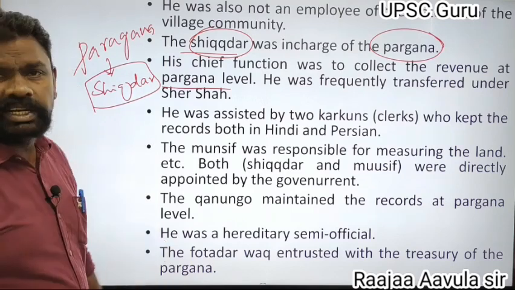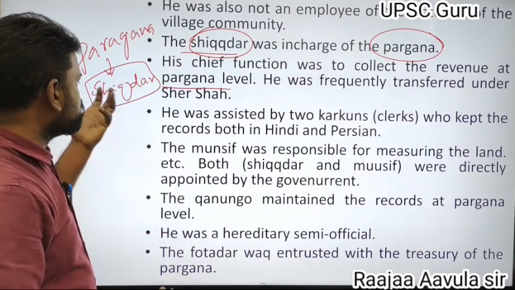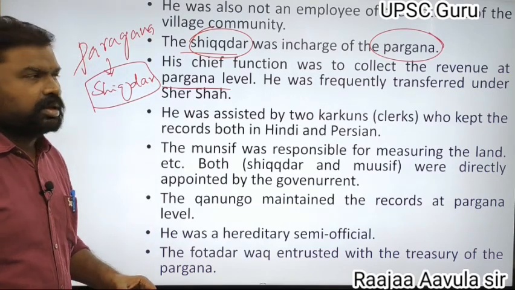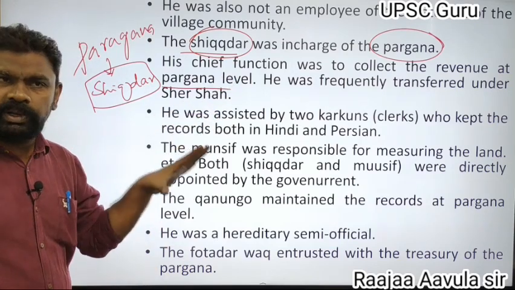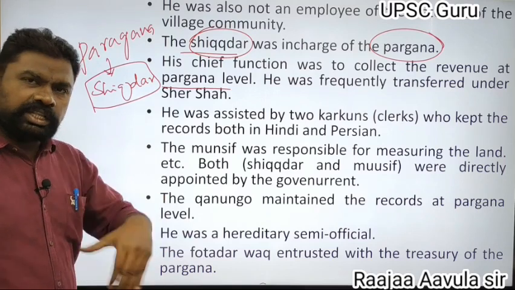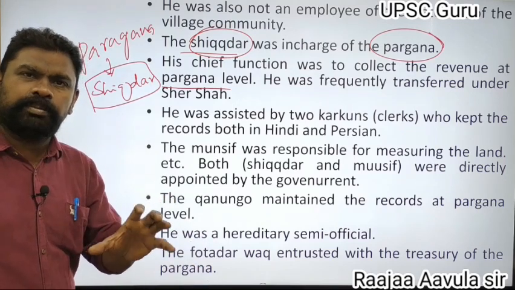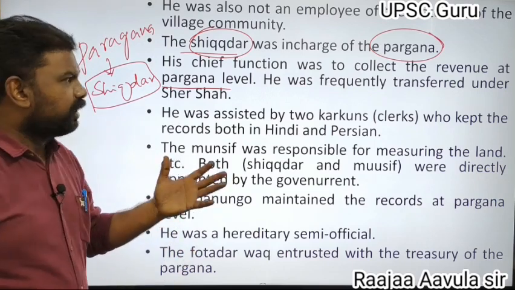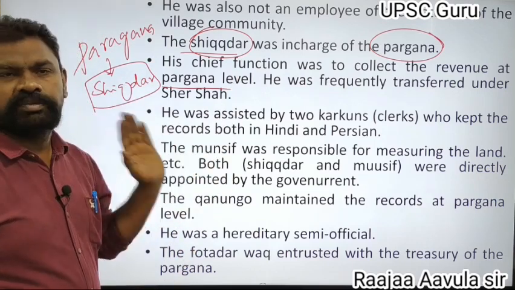He was frequently transferred under Sher Shah. In the Sher Shah period, they would not be settled at one place, because if they settled at one place, they might become very close with the farmers or the landlords, and there would be a chance of bribery or corruption. That's why they would be transferred frequently.